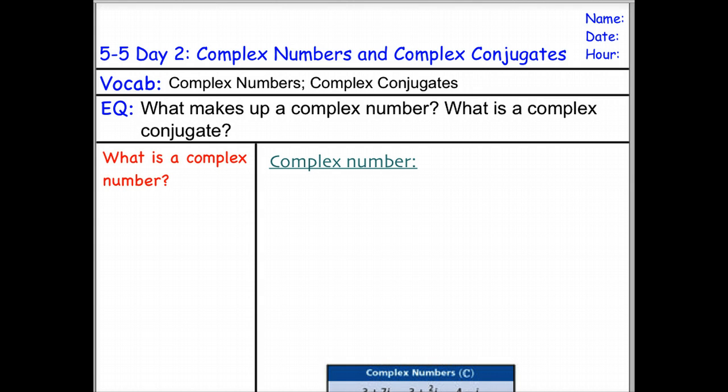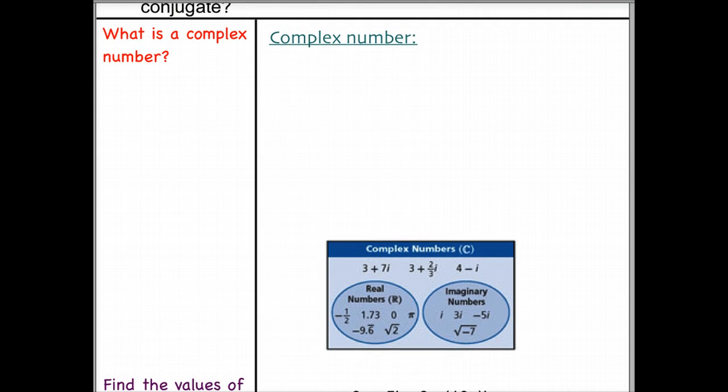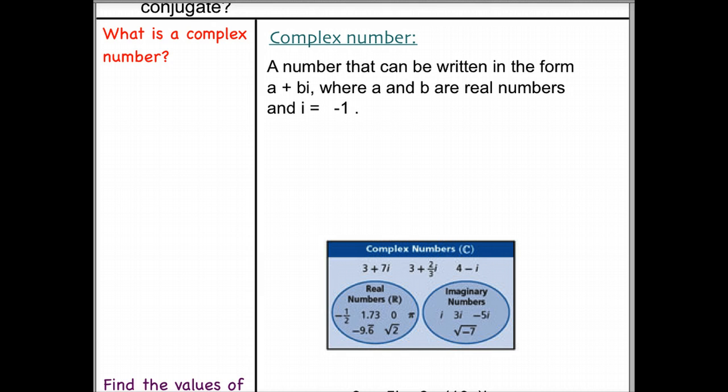So we want to start off by asking ourselves, what is a complex number? A complex number is a number that can be written in the form a plus bi, where a and b are real numbers and i is equal to the square root of -1.